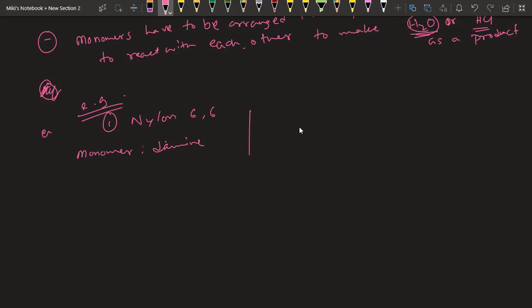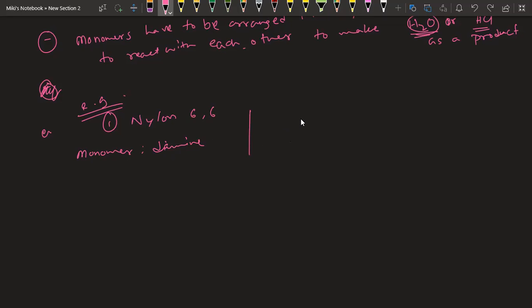Diamine basically looks like this. We have an NH2 group. NH2 means what? Amine. So two amines are actually present, that's why it's known as diamine. Di means two.